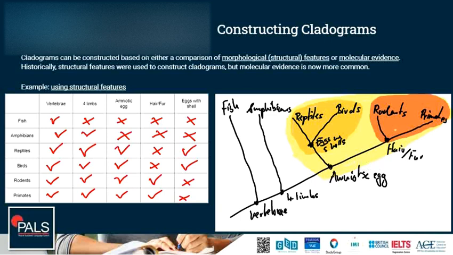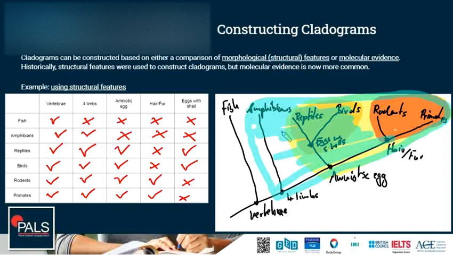We could include the amphibians by adding four limbs. What else can we say about this cladogram?